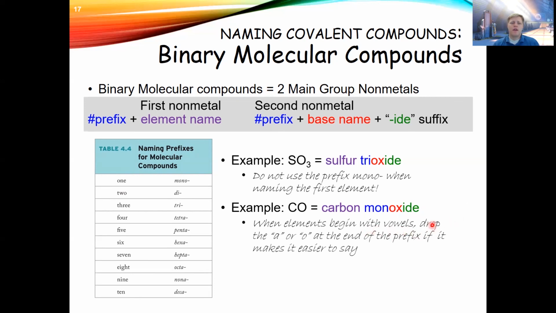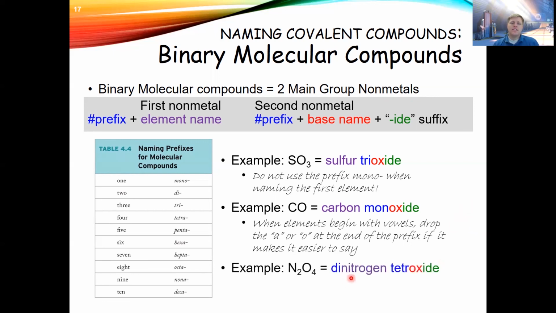So if your element starts with a vowel, and your prefix ends with an O or an A, we'll drop that. You'll notice that in trioxide, we didn't drop the vowel from the prefix, but in monoxide, we did. So if there were 6 oxygens here, that would be hexa. So we would drop that A and it'd be hexoxide. And that's just a rule that makes it a little easier actually to pronounce these.